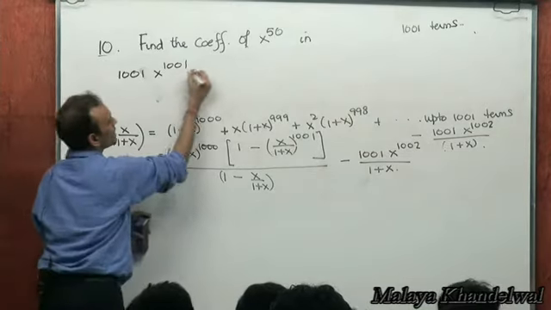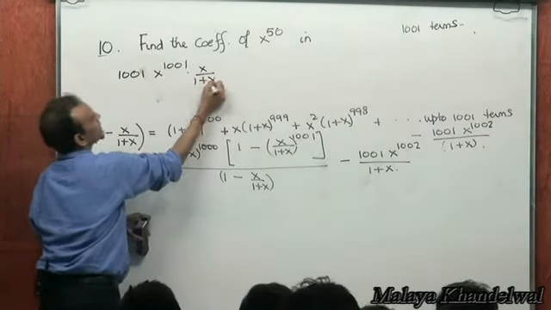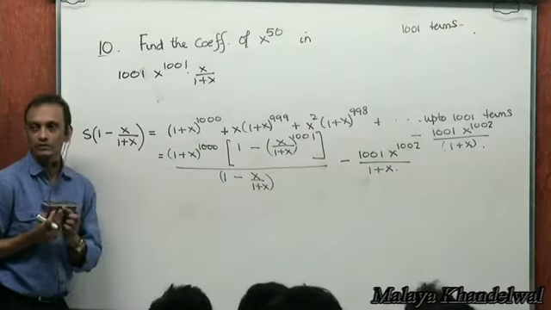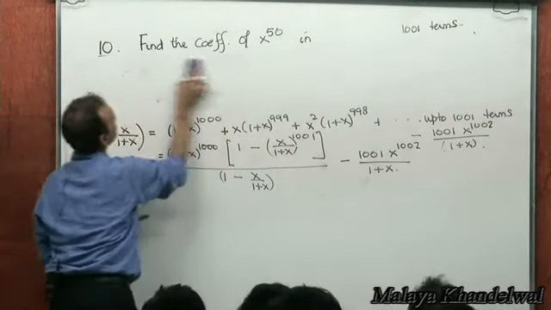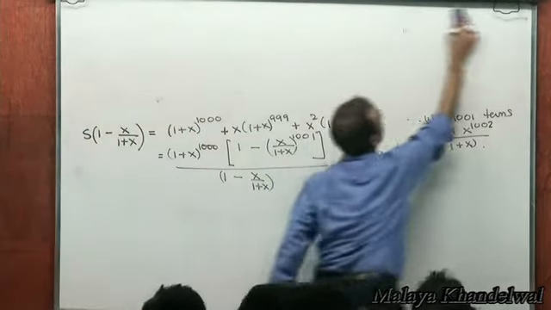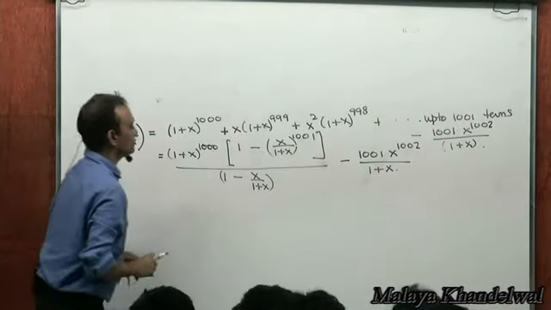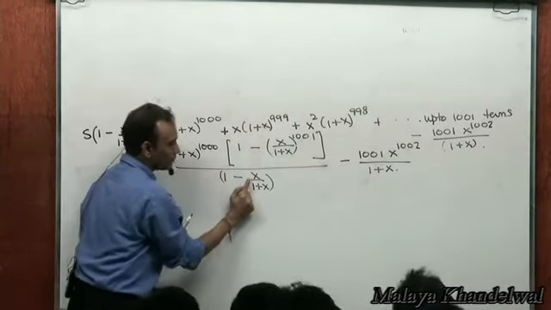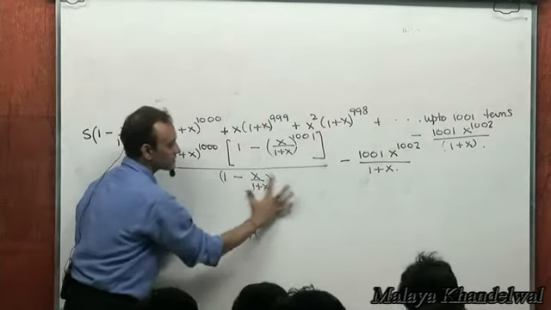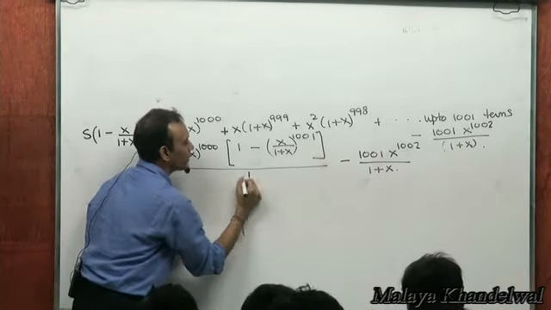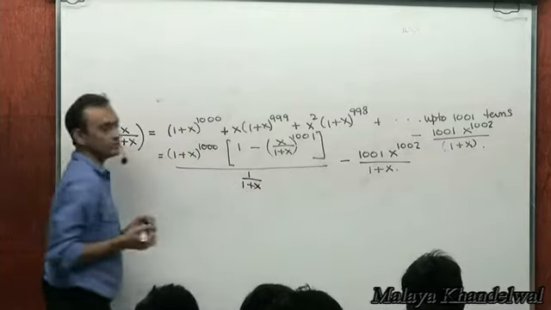So when this was multiplied with x by 1 plus x, it will become x to power 1002, and it would have got shifted 1 unit to the right. Now this will become 1 by 1 plus x, isn't it? 1 by 1 plus x is what becomes of it.